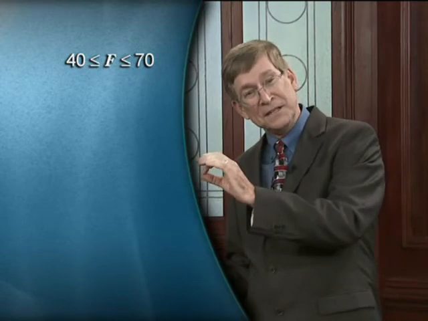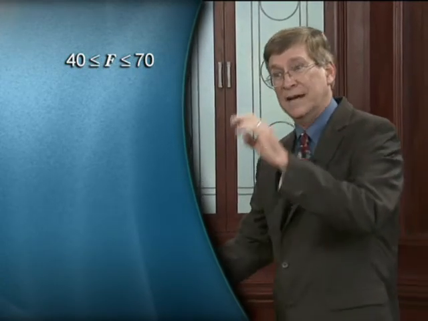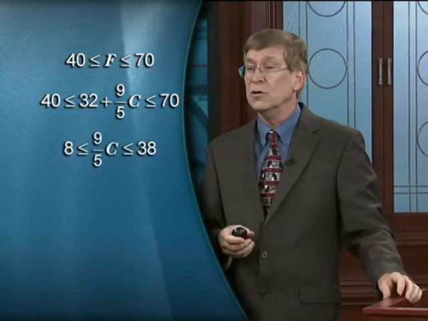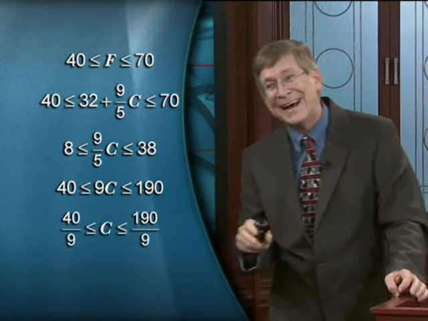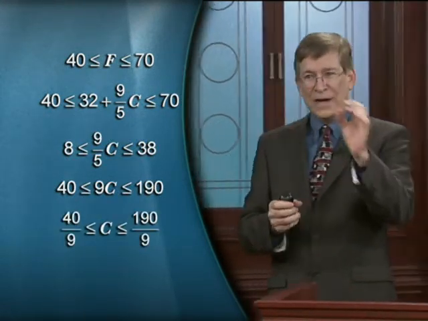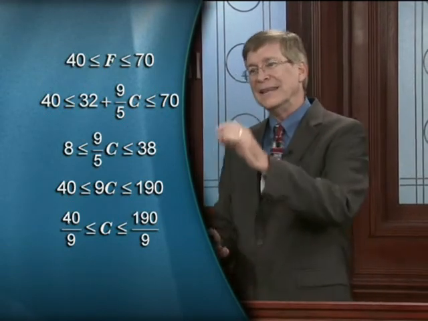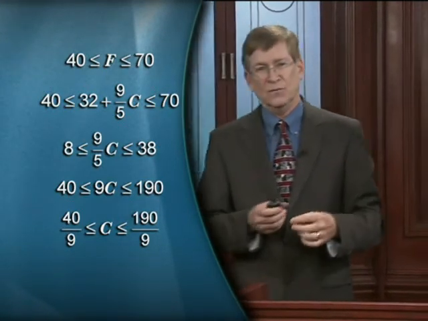Well, let's solve it. The Fahrenheit temperature has to be between 40 and 70, so I write 40 less than or equal to F less than or equal to 70, and then I solve this inequality. One way to do it is to first replace F with the formula, 32 plus 9/5 C, and now keep solving: subtract 32 from the 3 terms, and then multiply by 5 and divide by 9, and you get C greater than or equal to 40 over 9 and less than or equal to 190 over 9.